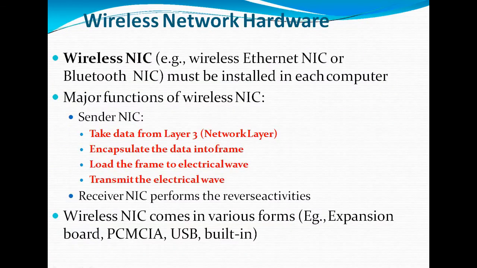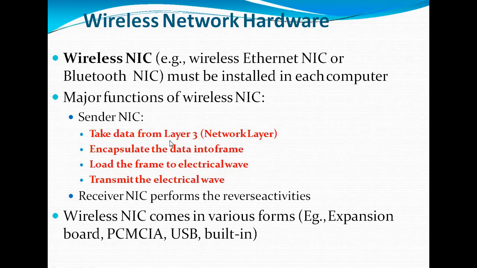So next is the wireless network hardware. In wireless network hardware, we will use a NIC. That is an example of a wireless Ethernet NIC, or you can say a Bluetooth NIC, which must be installed in each computer. The major functions of a wireless NIC are as sender NIC and receiver NIC. The sender NIC takes data from the networking layer, encapsulates the data into a frame, loads the frame onto an electrical wave, and transmits the electrical wave.